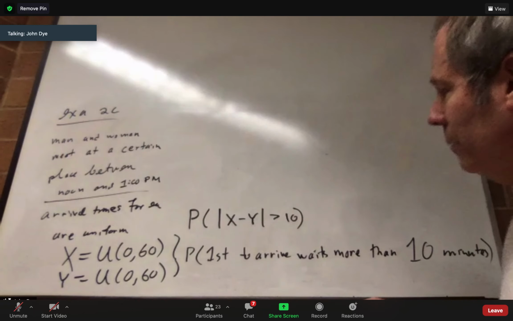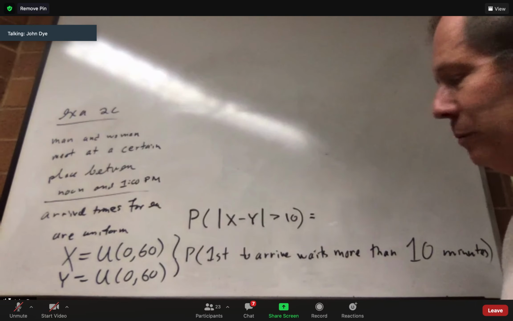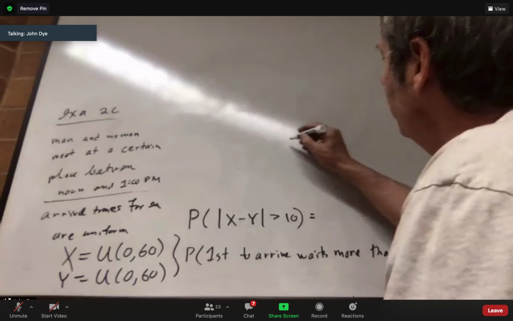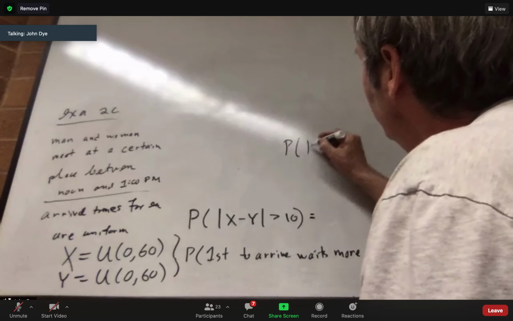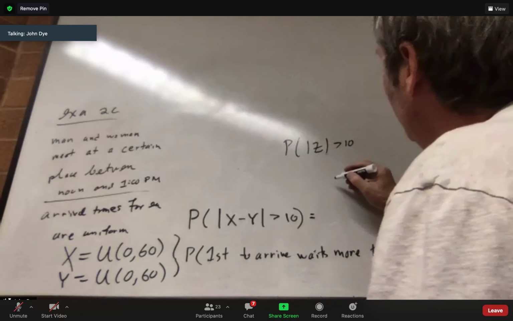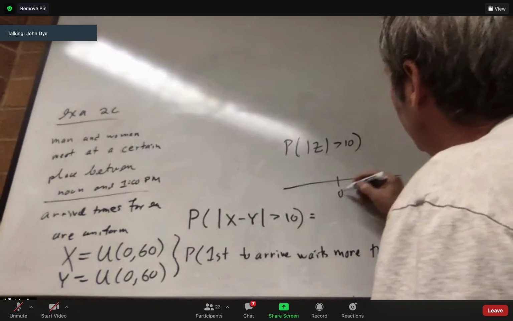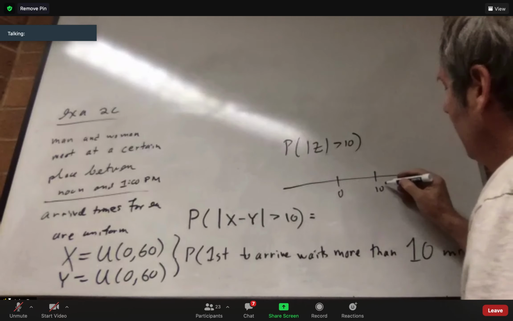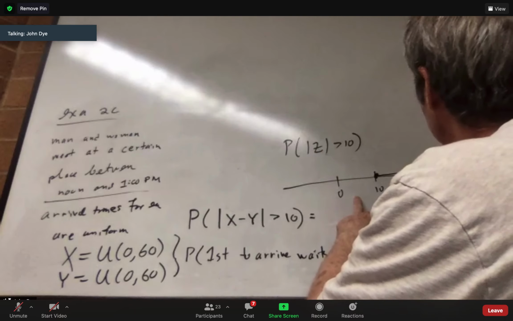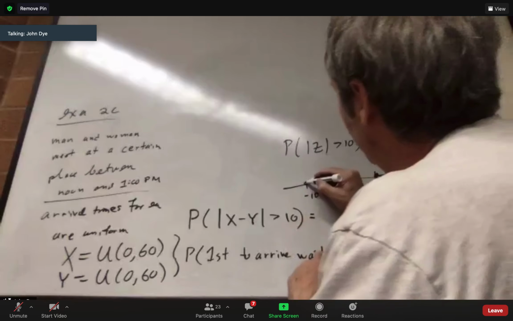So the question now becomes, well, I don't like absolute value, but how can we break that absolute value into two different cases? Now let's just do a scratch here. What if somebody said, the probability that the absolute value of z, some random variable, is greater than 10? How would we picture that? Well, you have the case where z would be bigger than 10, and also the case where z would be less than negative 10.